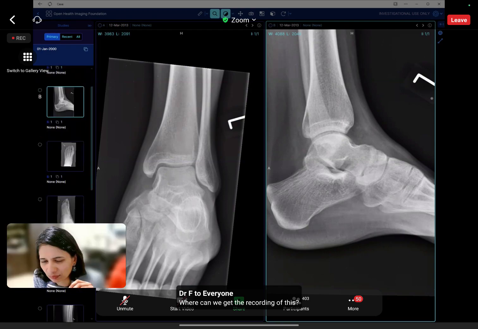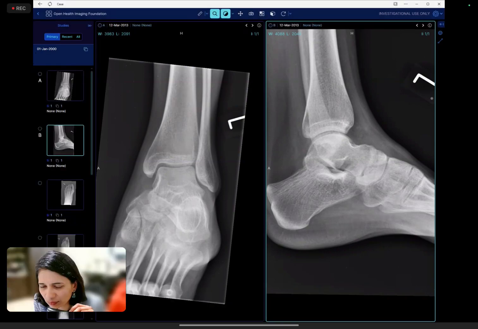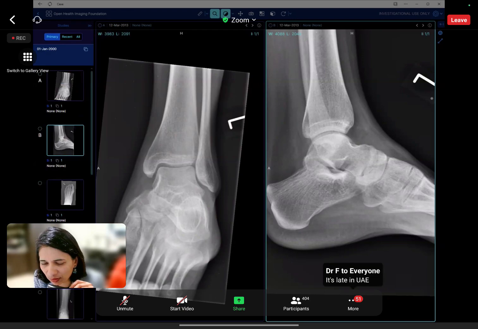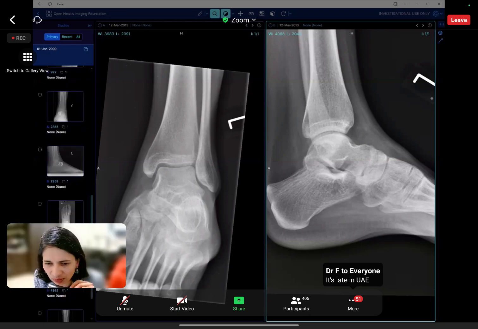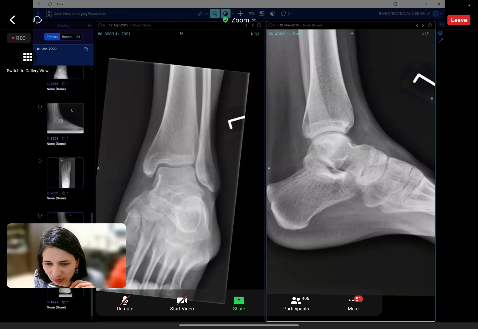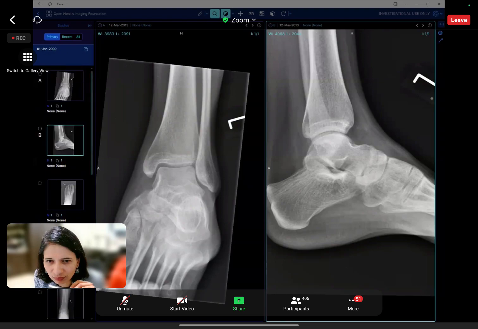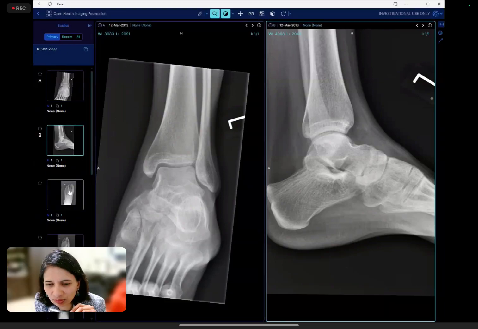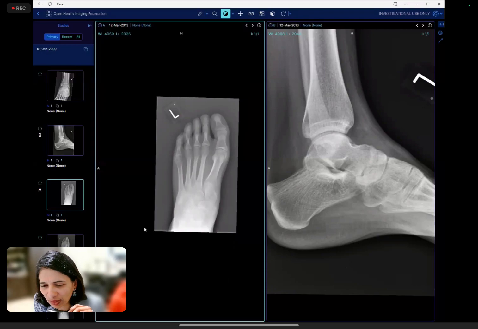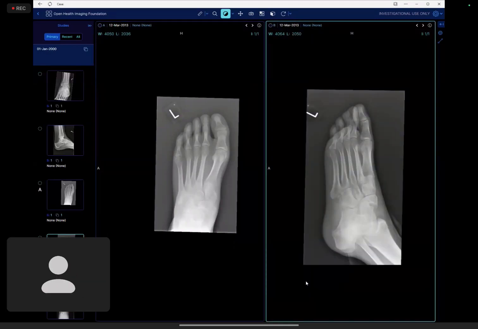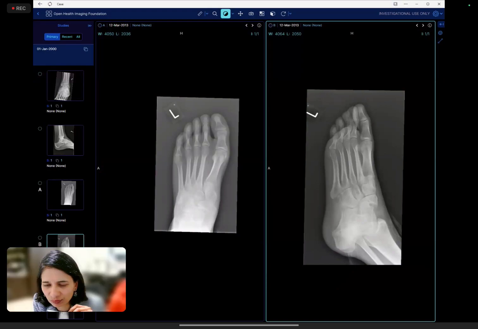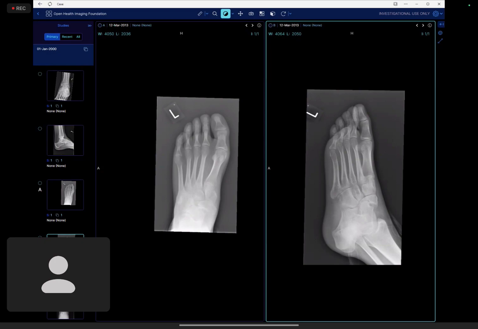Can I have a look at the other foot? So I have other views of this foot. Okay. Thank you. Okay, so I can see that there is increased lucency of the heads of the metatarsals.